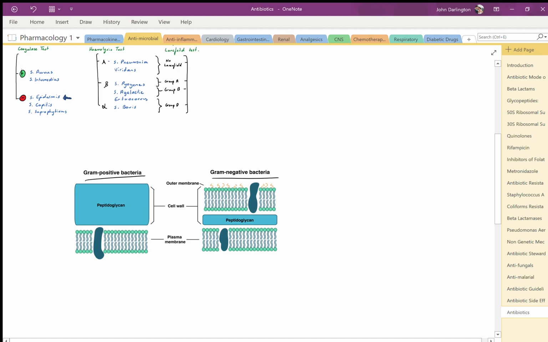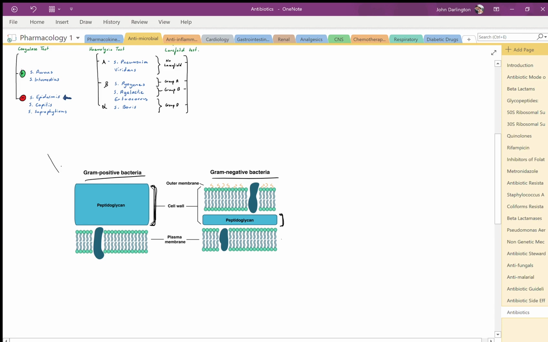As you can see, the gram-positive bacteria have a very large cell wall, and the gram-negative bacteria have a very small cell wall. In fact, this cell wall is sandwiched between a cell membrane and another cell membrane, whereas the gram-positive bacteria only has one cell membrane, and that sits below the cell wall.